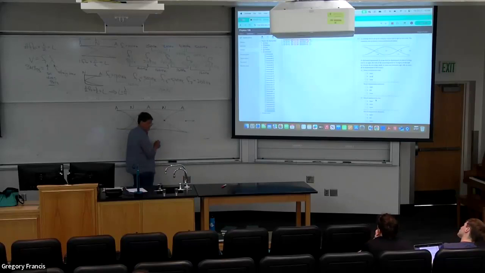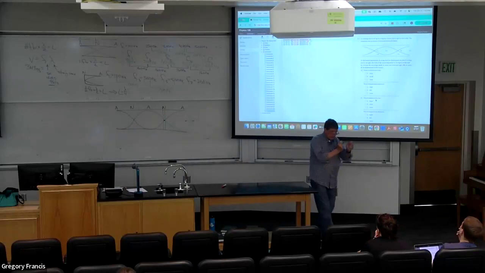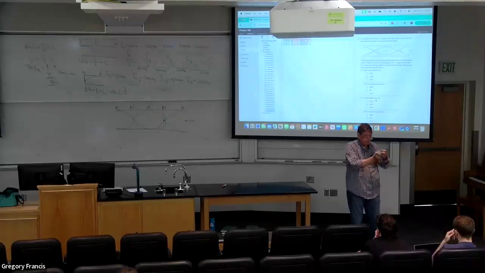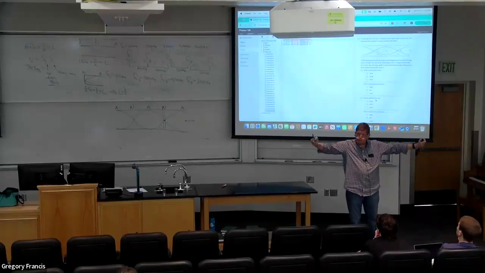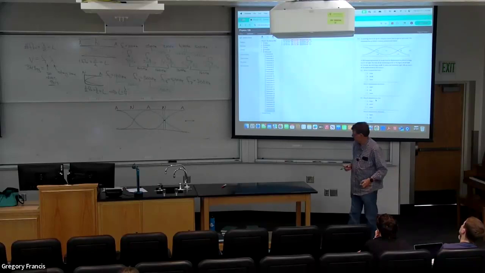The node isn't right there. The node is this whole slice of air particles. None of those particles are moving. They're being crunched from both sides, and then deserted from both sides, and then crunched from both sides, then deserted from both sides. It's this sloshing that causes the sound that you hear.